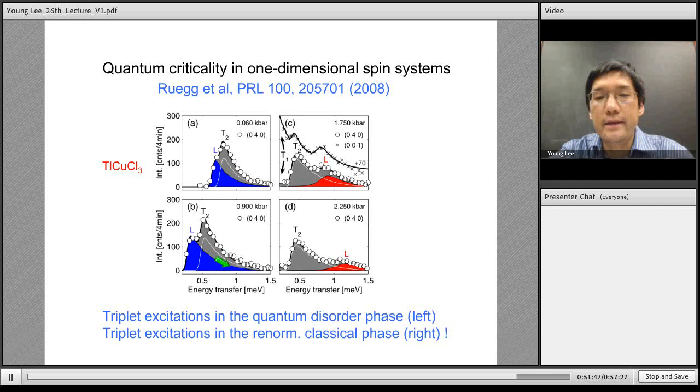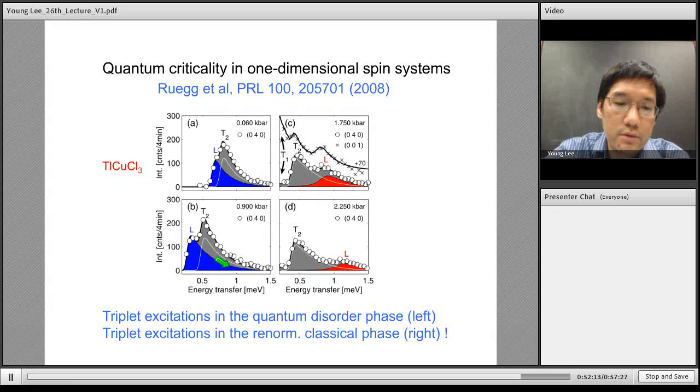Something that was very interesting here is that in the low field phase, that's where you do have these singlets, and the excitation should be triplets. That's very expected, and you should have transverse and longitudinal components to these triplet excitations.